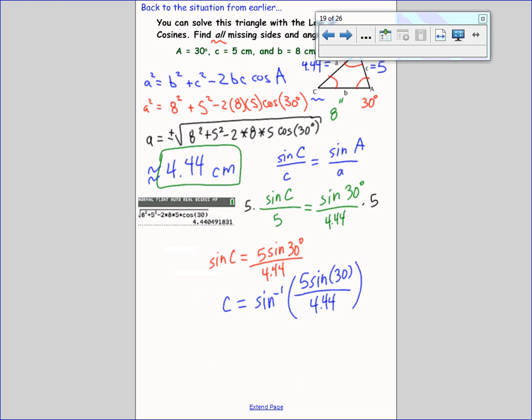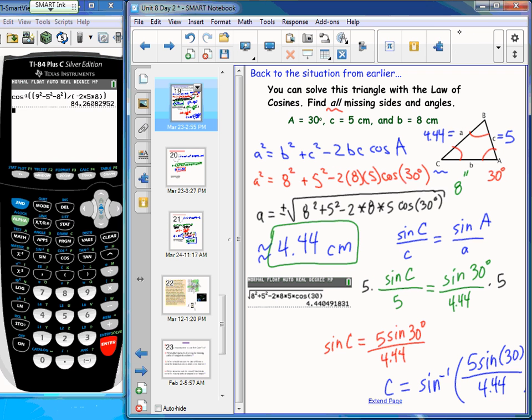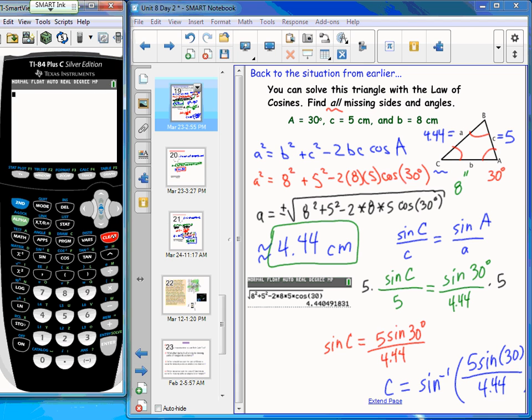So on my grapher, I'll get an approximation for that. I'll do the inverse sine of numerator 5 sine 30 degrees, close angle, over 4.44. That's 0.49181.